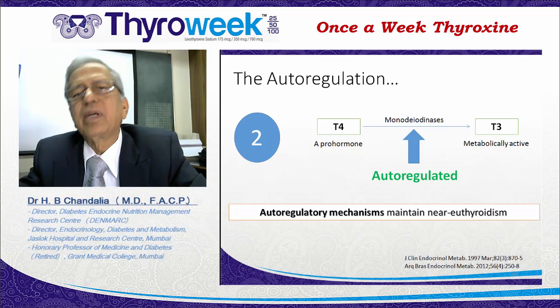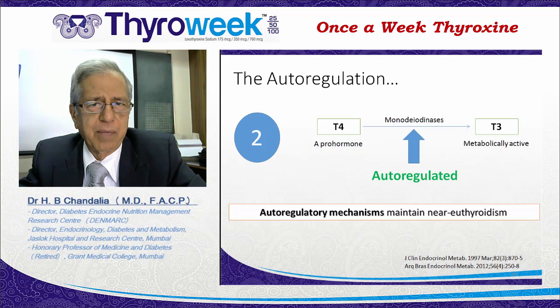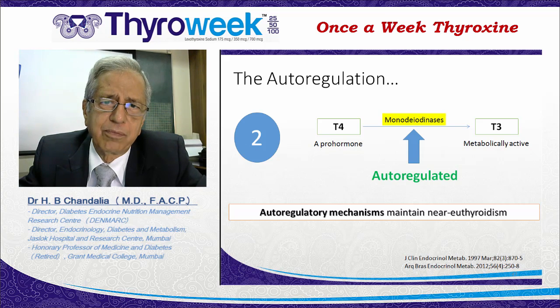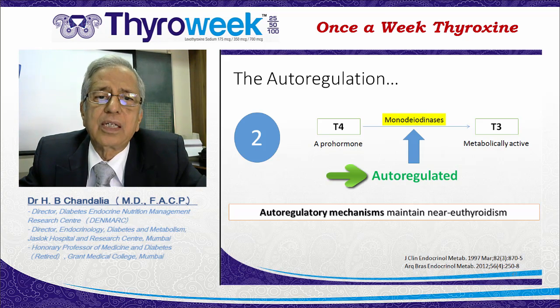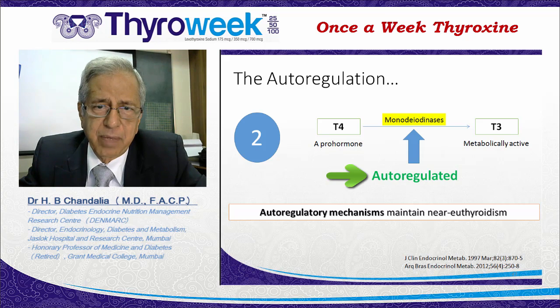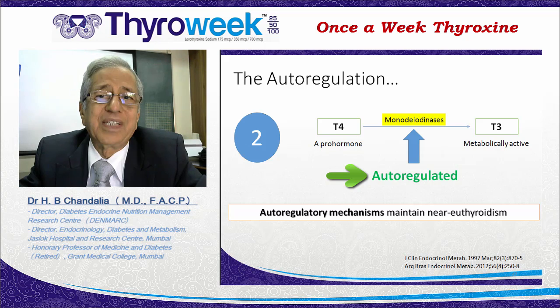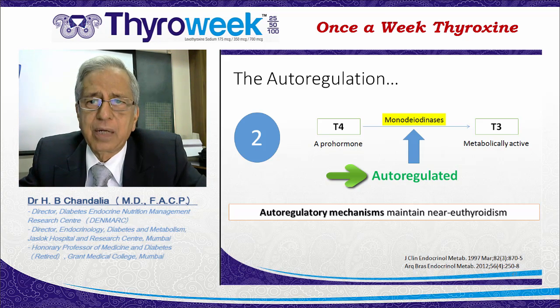Another very important physiological aspect one should appreciate is that the T3 is derived by monodeiodination, and this is an auto-regulated process. That means by giving a large dose of thyroxine, you cannot generate a lot of T3, which is the metabolically active part of the hormone.